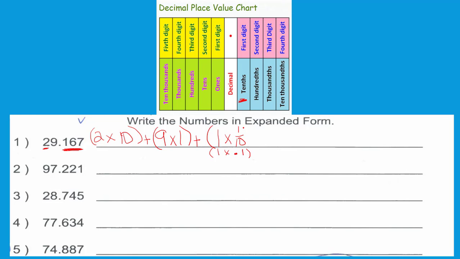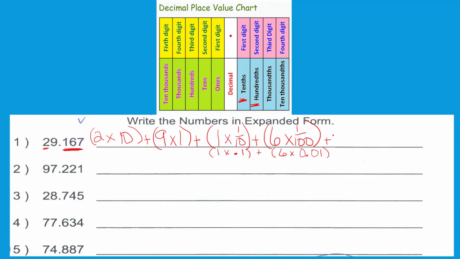Either way. The 6, what spot is it sitting in? Well, it is sitting in the hundredths. So as a fraction, it could be written like this, or as a decimal, it could be written as this.